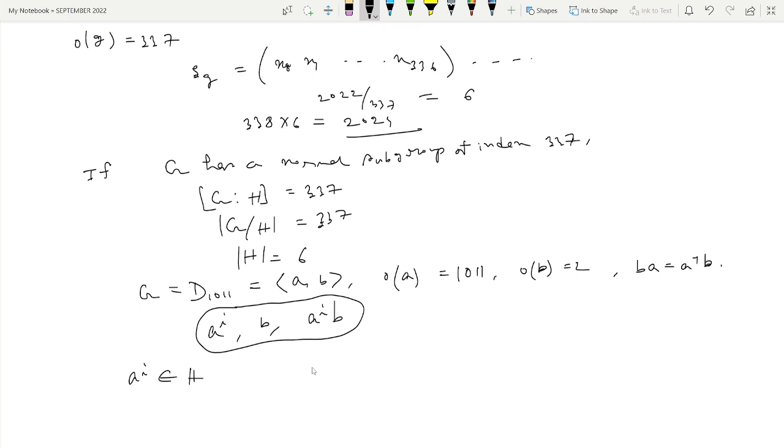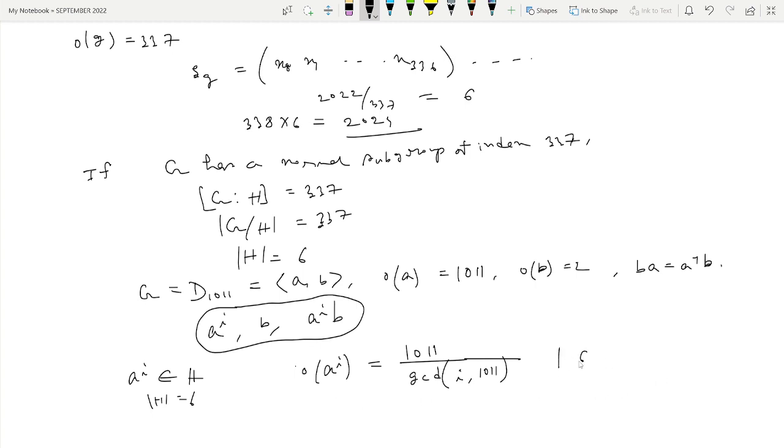Then what happens? The order of a to the power i, by a standard result in group theory, is the order of a, that is 1011, divided by GCD of i and 1011. And also, since this is an element of H and the order of H is 6, the order of a to the power i divides 6.